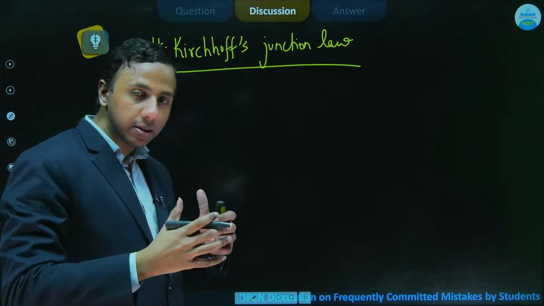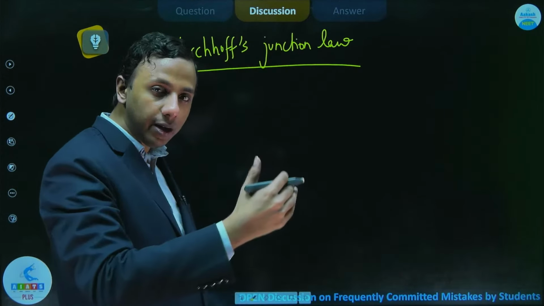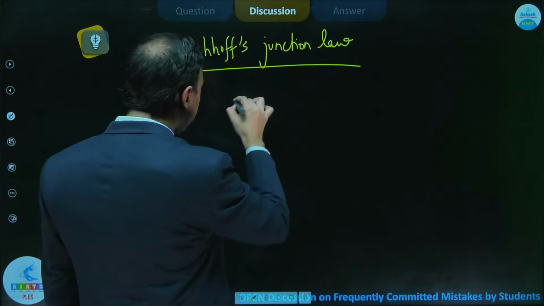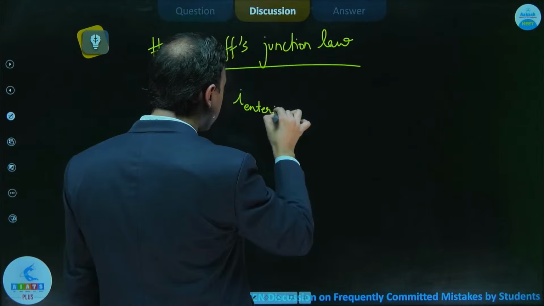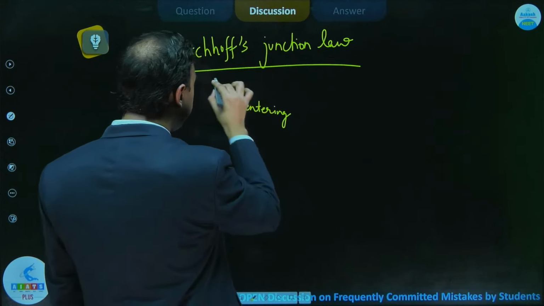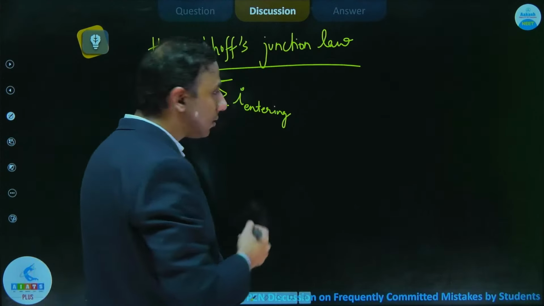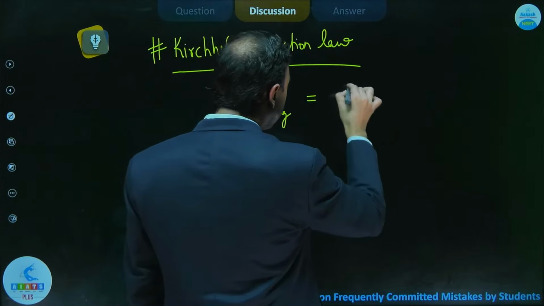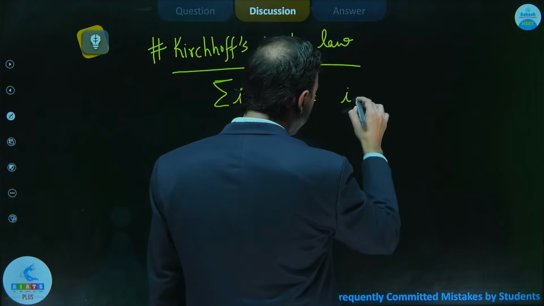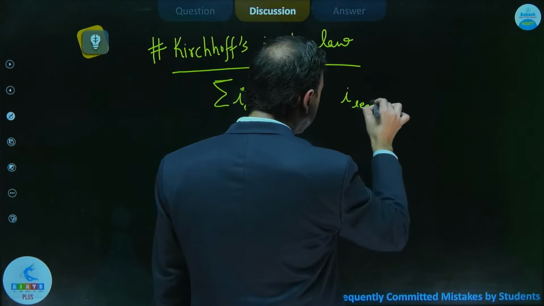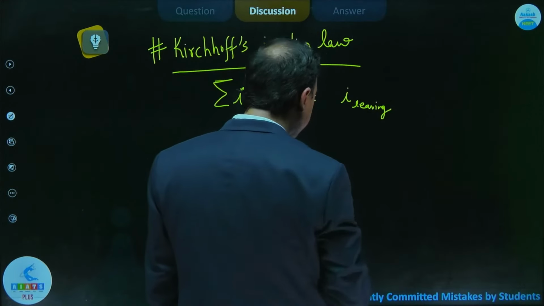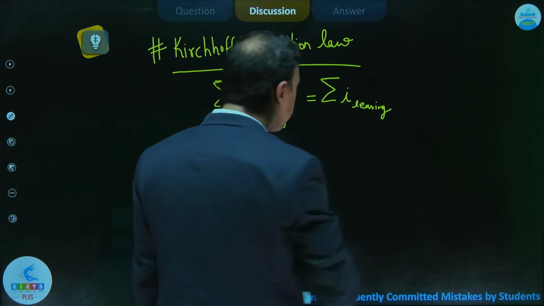What does it state? That the total current entering the junction is equal to the total current exiting. So I will write it like this: current entering, in summation form, is equal to the current leaving that junction, also in summation form.